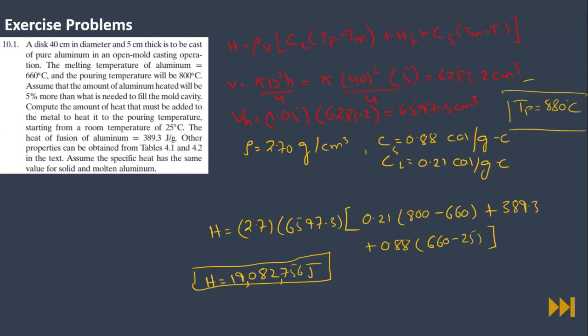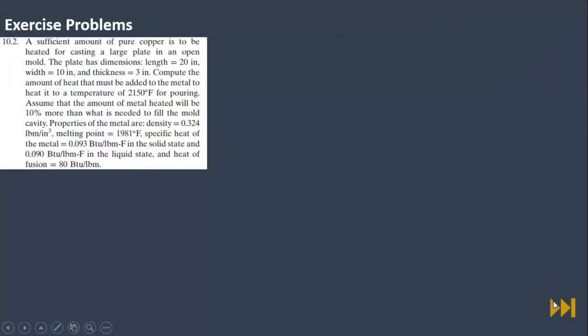Now let's move on to the second numerical. It says a sufficient amount of pure copper is to be heated for casting a large plate in an open mold. Open mold, obviously, which is in direct contact with the atmosphere.